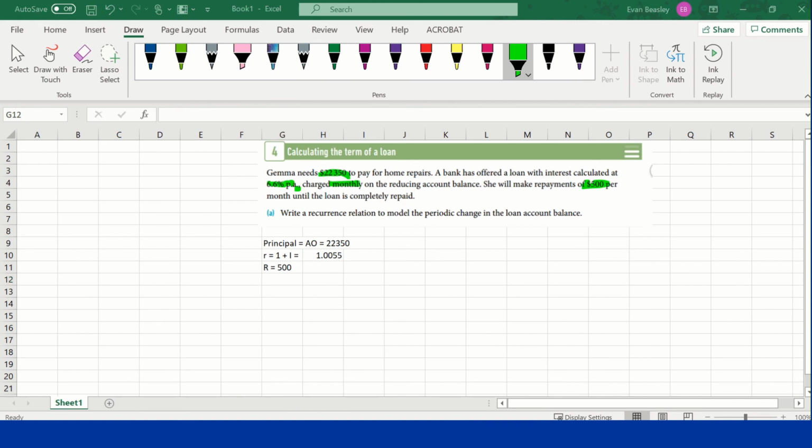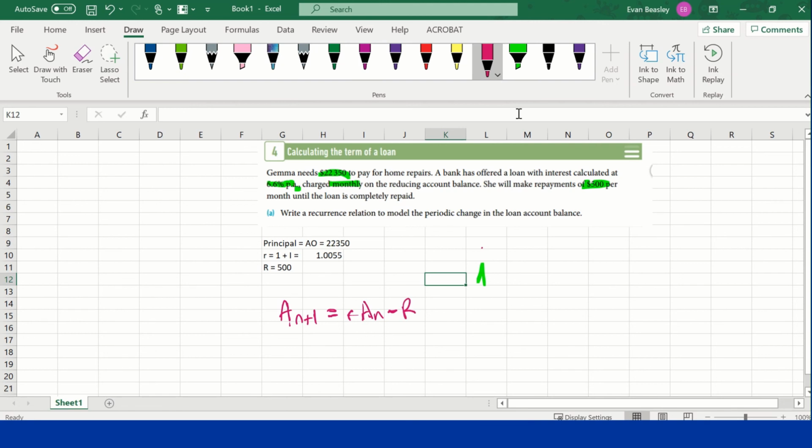Our recurrence relation is: A(n+1) equals the growth rate multiplied by A(n), minus the repayment.